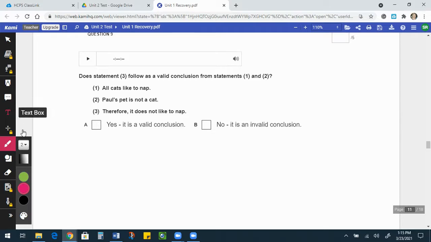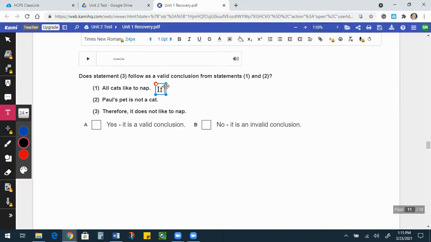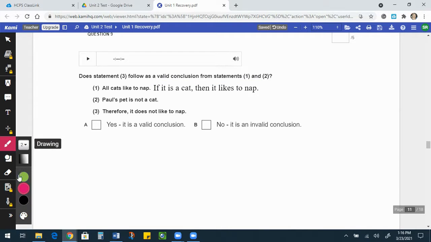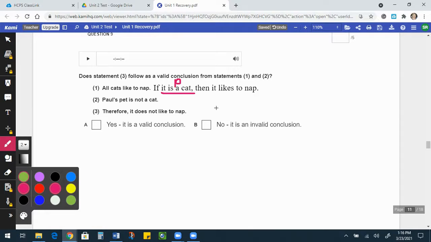Y'all, that statement can be rewritten in if-then form to say, if it is a cat, then it likes to nap. We learned how to turn an all statement into an if-then statement back in Unit 2. All right, so here we go. It is a cat would be P. It likes to nap would be Q.